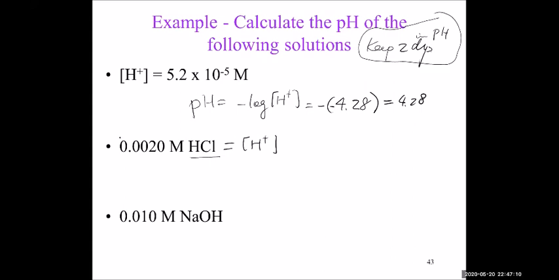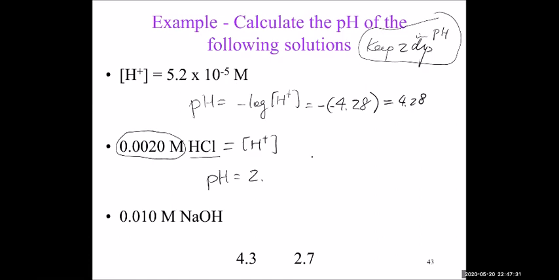H plus equals this. And then you solve pH. The answer key is in the PowerPoint: 2.7. I should keep the 2 decimals.